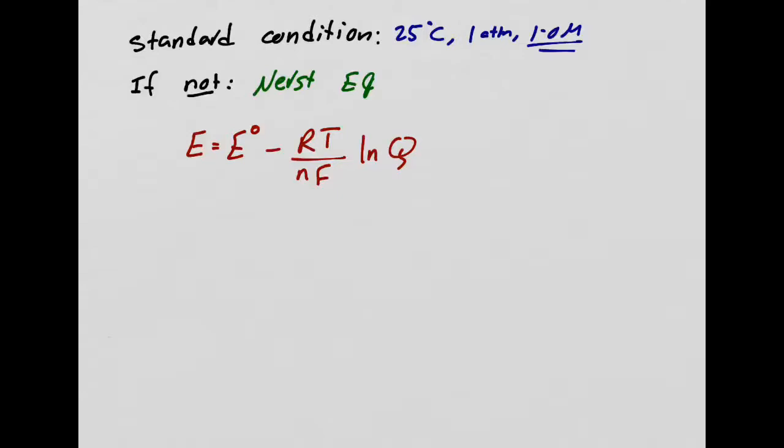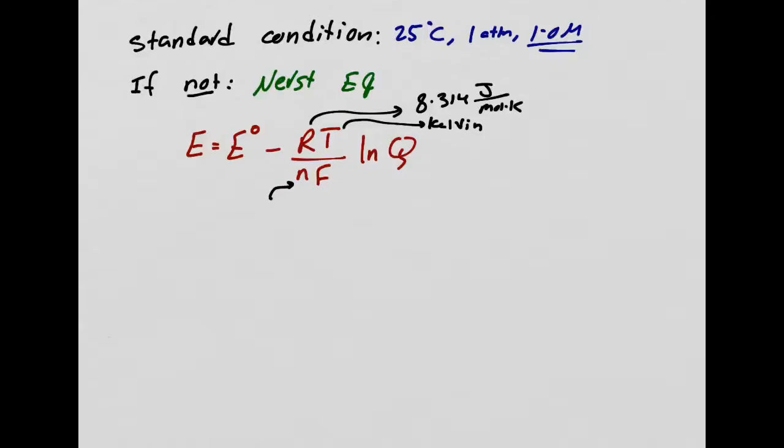Okay, so let's go over this. Here's my cell potential when I'm not at a standard condition. This one, the E naught cell, is from the table, what we had before, minus R. R is the constant, 8.314 joules per mole Kelvin. We had that before. Temperature is, of course, going to be in Kelvin.